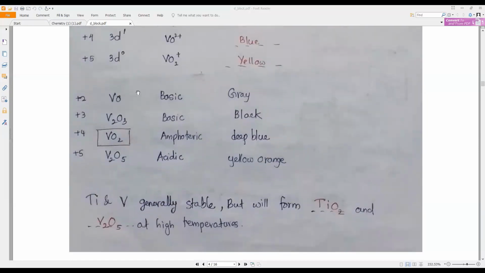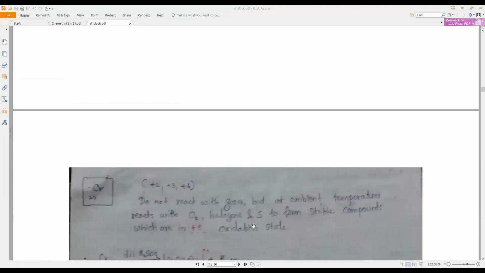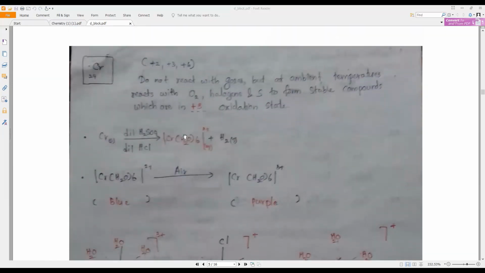And I'm going to explain further about this one because all those are related to this particular question. So then they have titanium and vanadium are generally stable, but when you have high heating, they will form titanium oxide and V2O5. Then here we have chromium because they have asked something about chromium as well.